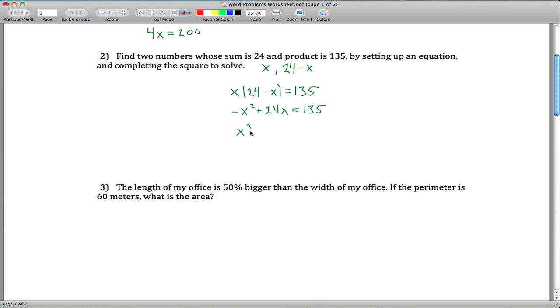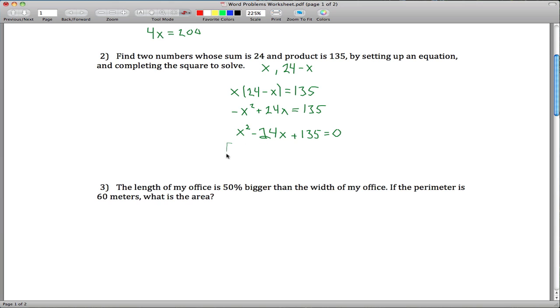You get x squared minus 24x plus 135 equals 0. And this is something you can solve by completing the square.